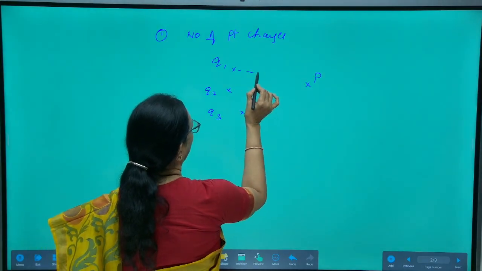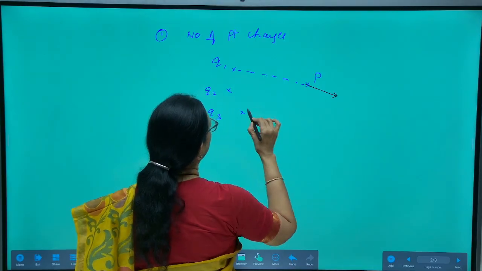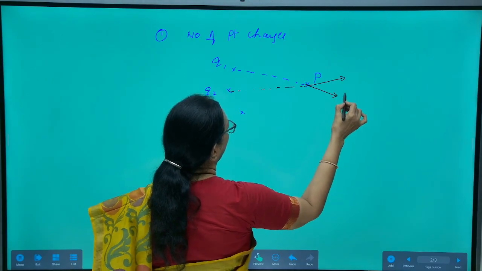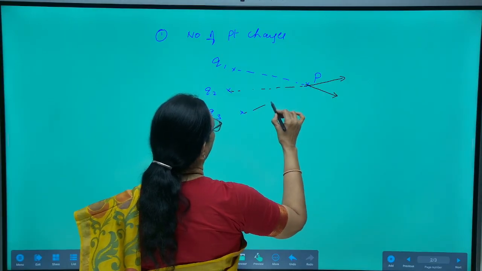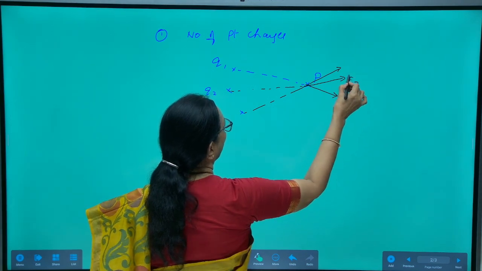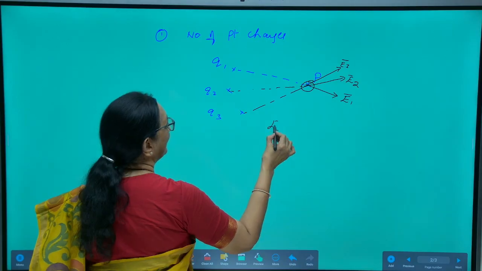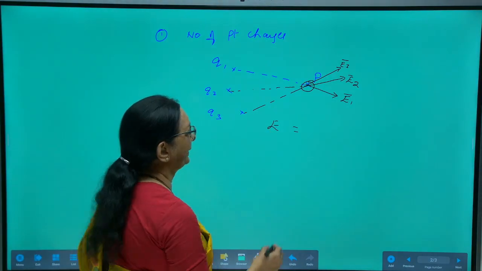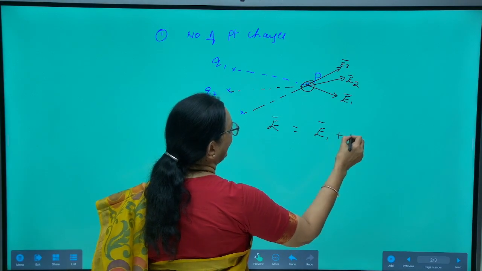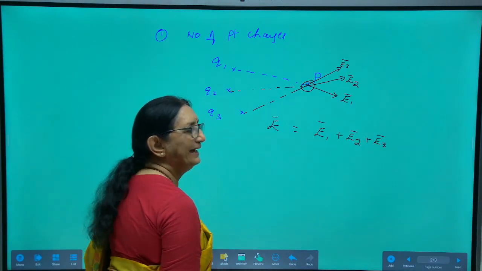So, electric field intensity at the point P due to q1 will be in this direction, due to q2 in this direction, due to q3 in this direction: E1 bar, E2 bar, E3 bar. So, the resultant electric field intensity at the point P is the vector sum of all the individual fields, E1 bar plus E2 bar plus E3 bar.